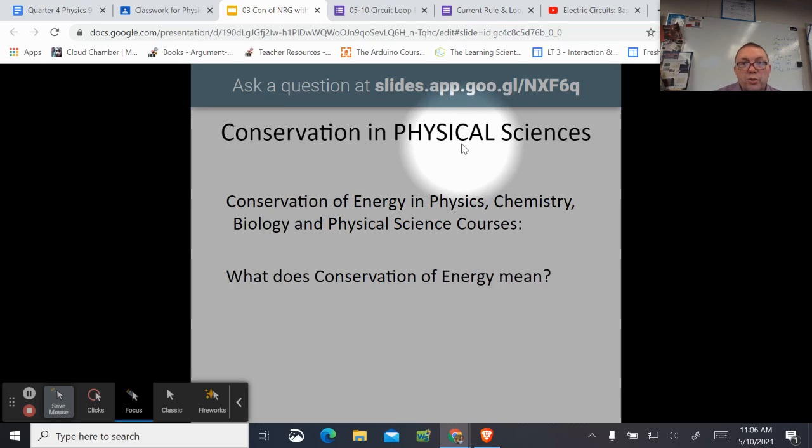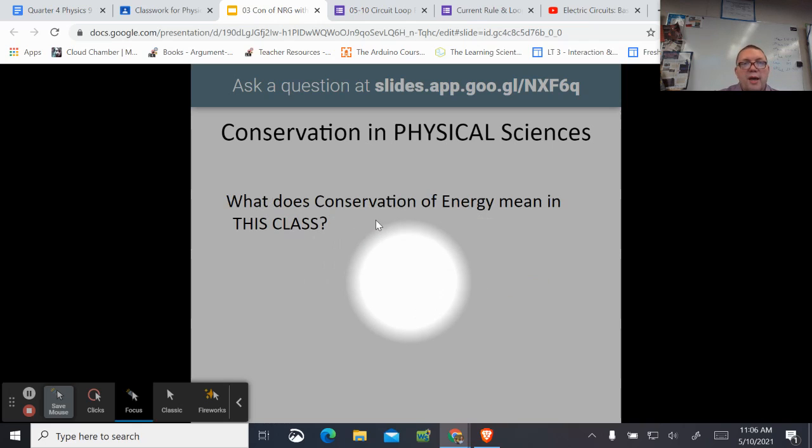But in the physical sciences, we mean something very different. In the physical sciences, when we talk about conservation of energy in physics and chemistry, physical science stuff, when we say conservation of energy, we mean that you cannot create energy or destroy energy. We can change the type of energy from moving energy to an energy that's visible based on the changes in temperatures or electrical energy, things like that.